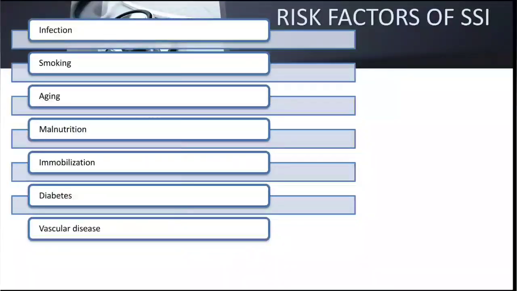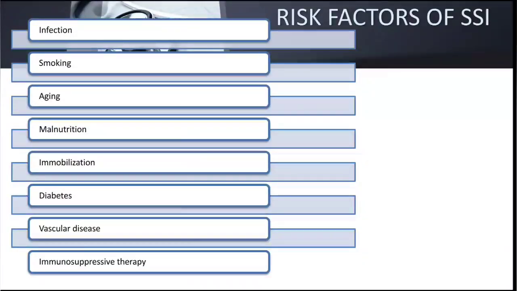Someone with a vascular disease, like peripheral artery disease, where there is poor distribution of blood towards the surgical site, means there will be hypoxia in that area, and there will be a risk of a surgical site infection.